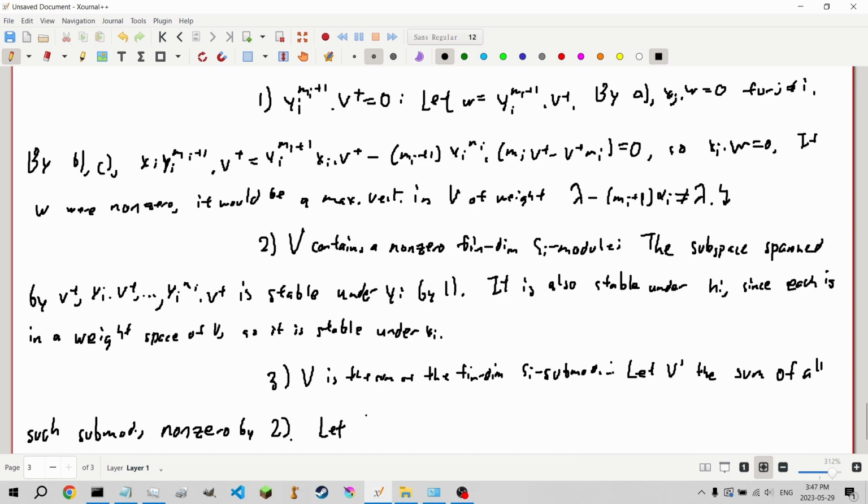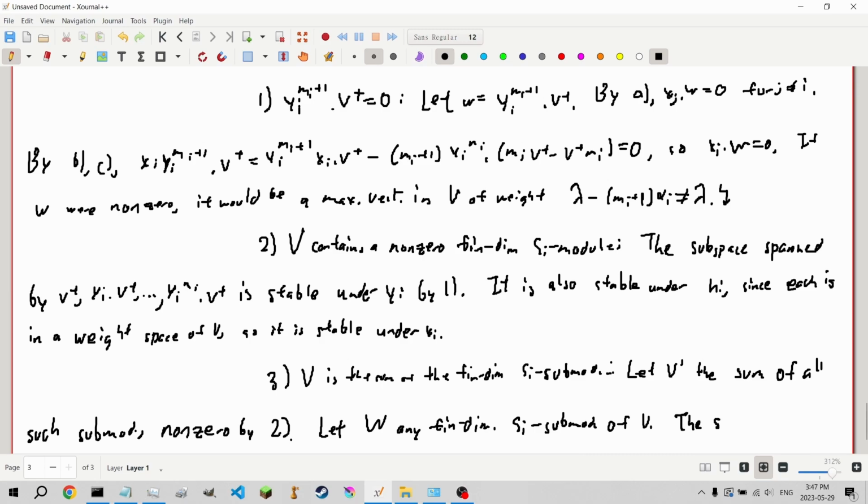Let W be any finite dimensional Si submodule of V.